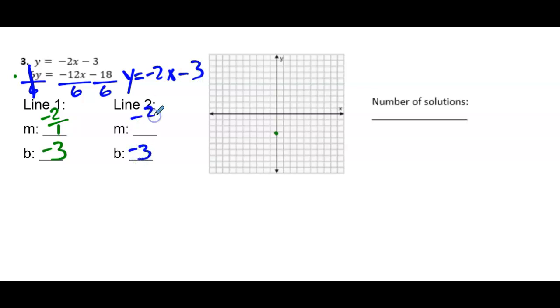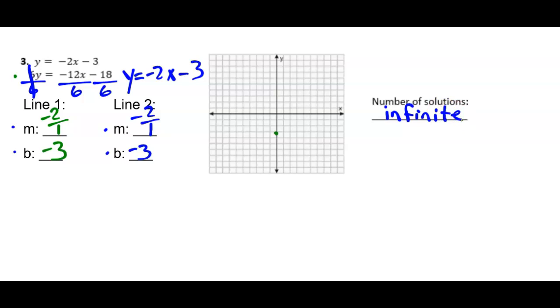And my slope is -2 over 1. What do you notice? They have the exact same slope, and they have the exact same y-intercept. So how many solutions is this going to have? The word that you are looking for is infinite, because these are the same line.